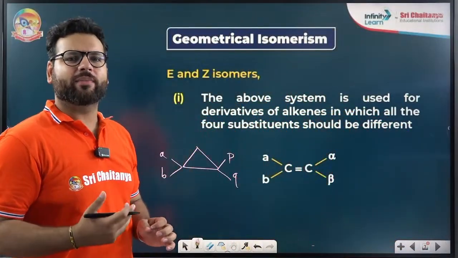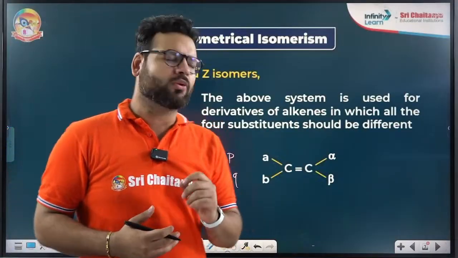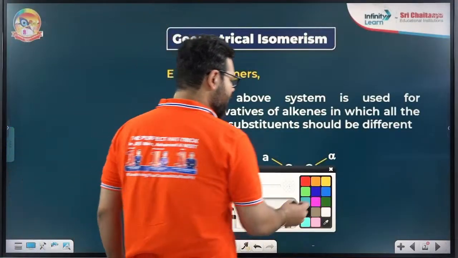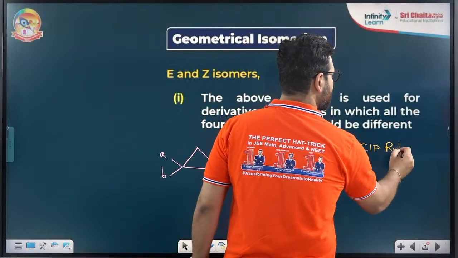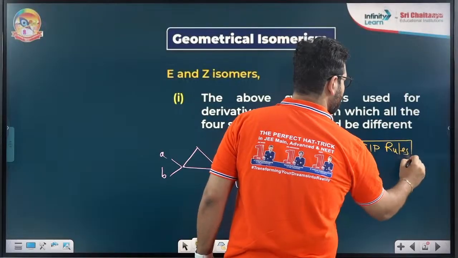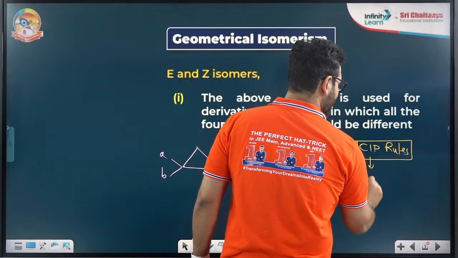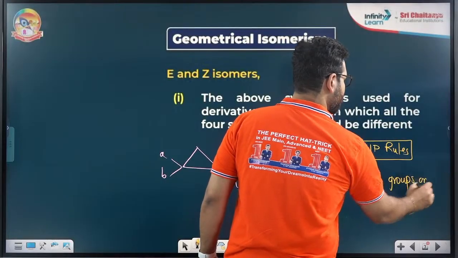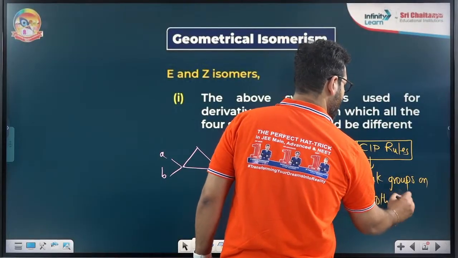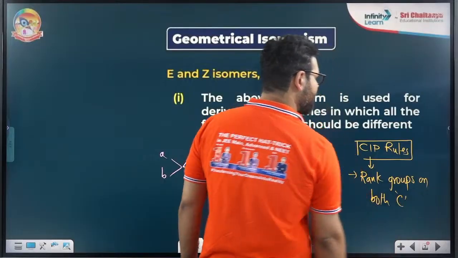We'll say EZ. How to say EZ? We'll be using a rule called the CIP rule, Cahn-Ingold-Prelog rule. Using CIP rules, we will rank the groups on both carbons.